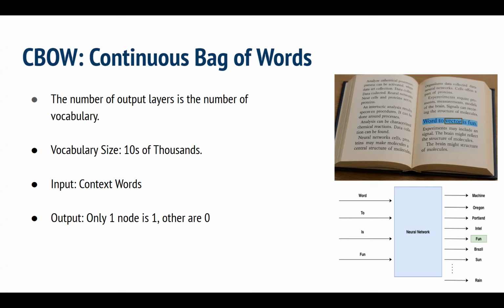We will have 40,000 output nodes coming out of the neural network. So you input "Word2Vector to is" and then you should predict only "fun" in terms of the continuous bag of words. So that's why we treat it as a classification problem.